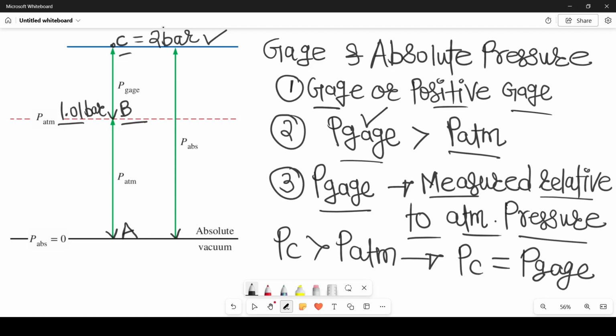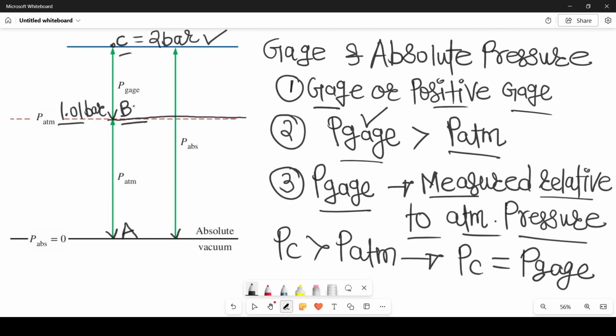Now, this means pressure at point C is 2 bar above the atmospheric pressure. It is always measured from the atmospheric pressure axis.